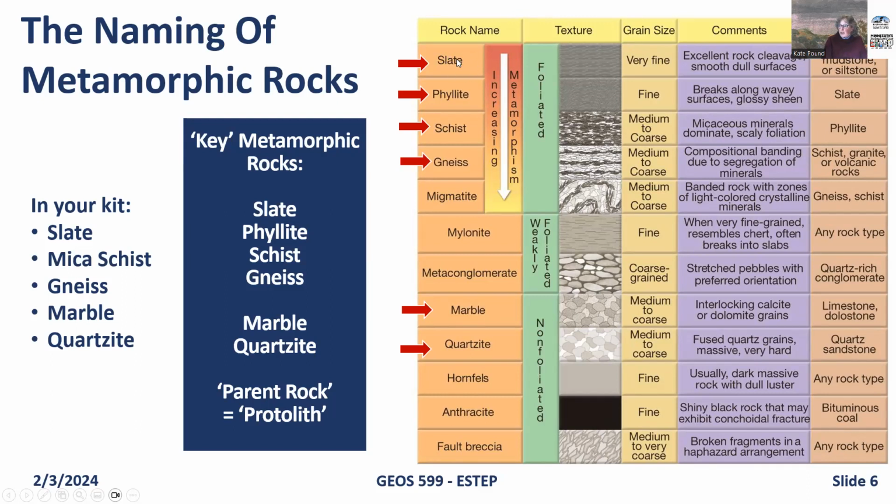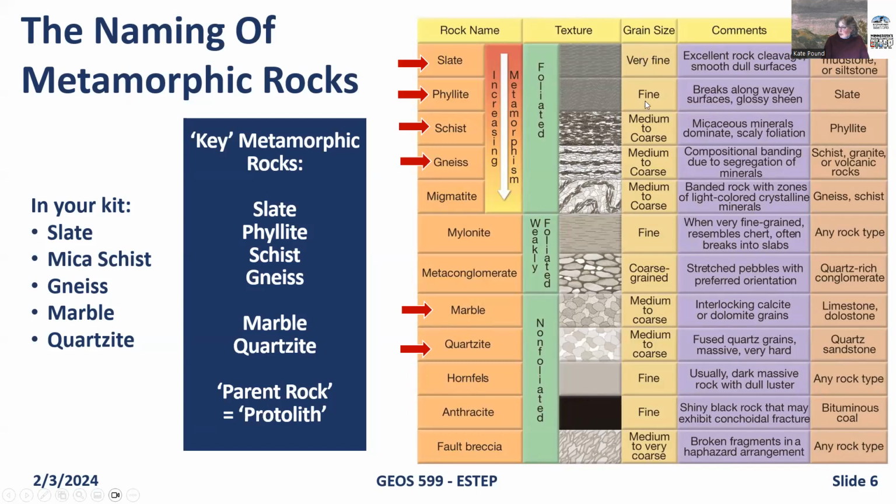And what happens in the making of the slate is that those minerals are just recrystallized. The difference between a slate and a shale is that a slate, if you sort of flick your finger against it, has a ping and it breaks into layers a lot more easily.